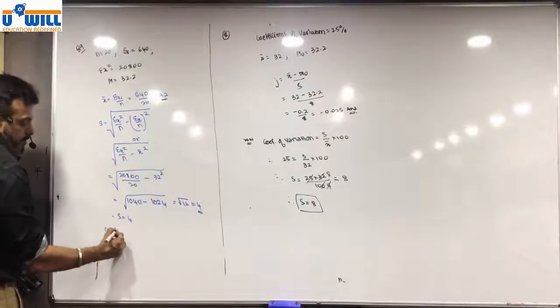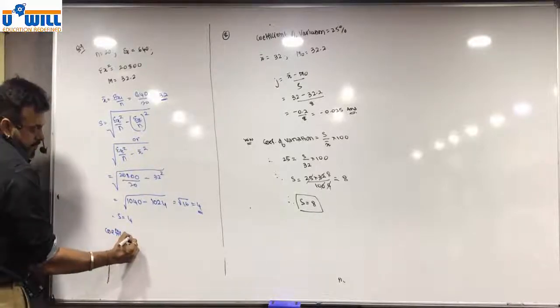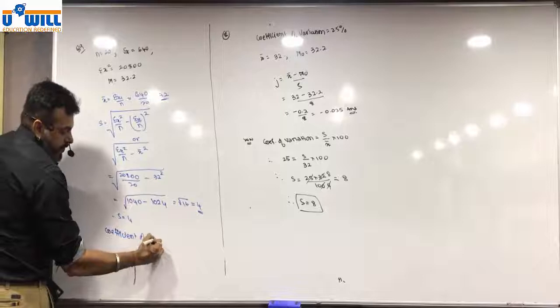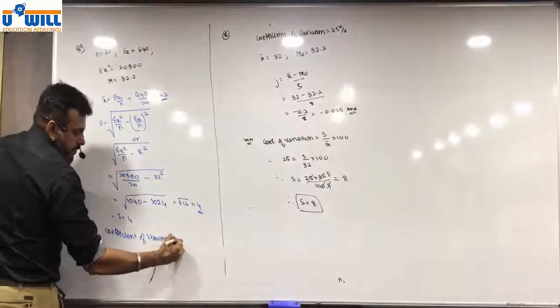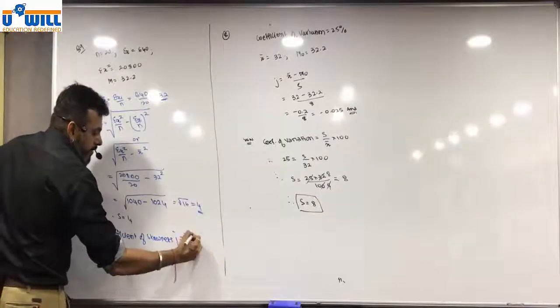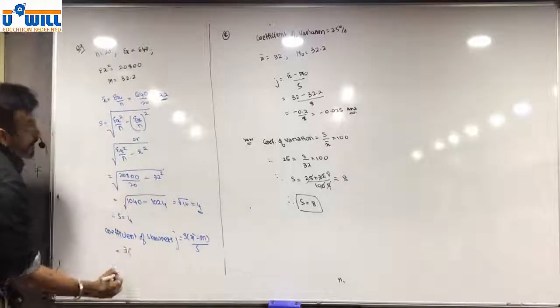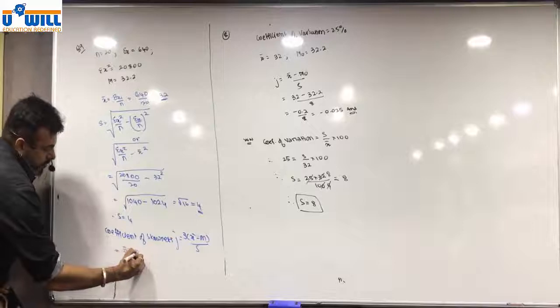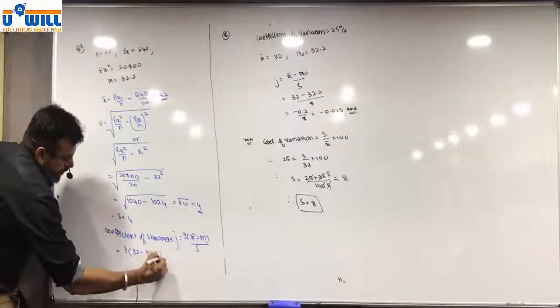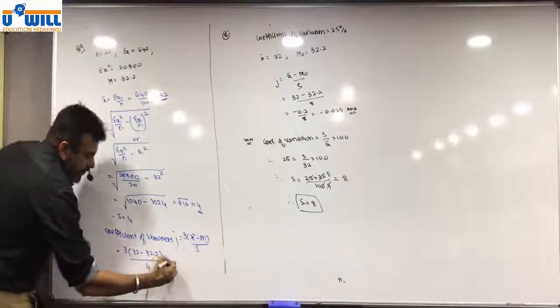So, coefficient of skewness J is equal to 3 x bar minus median upon S. 3 into 32 minus 32.2 upon standard deviation 4.